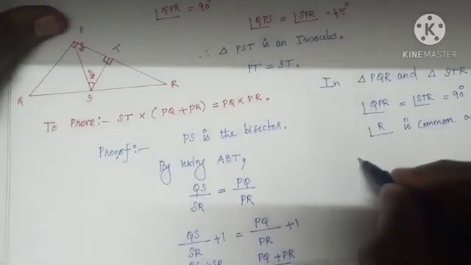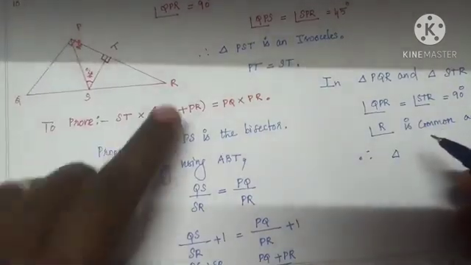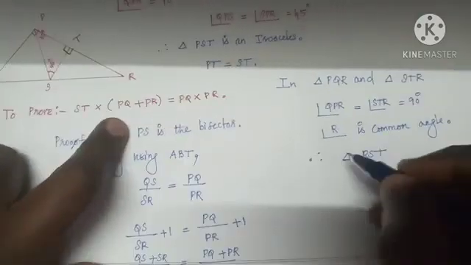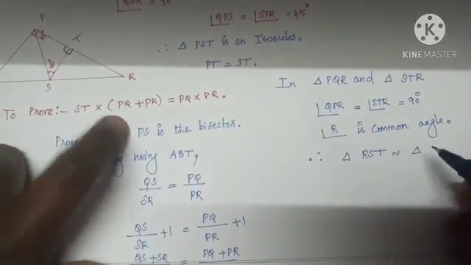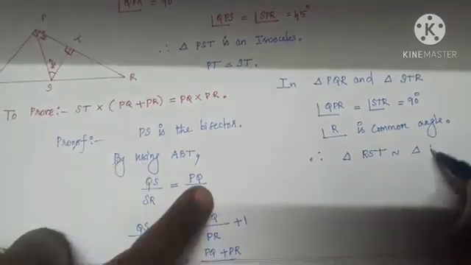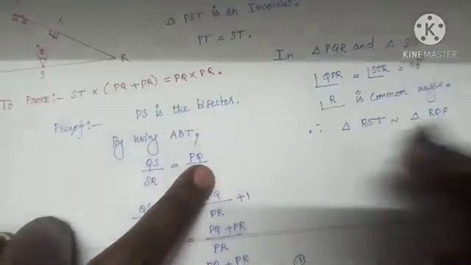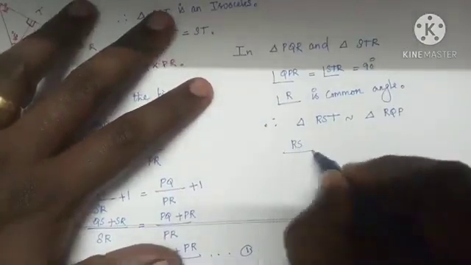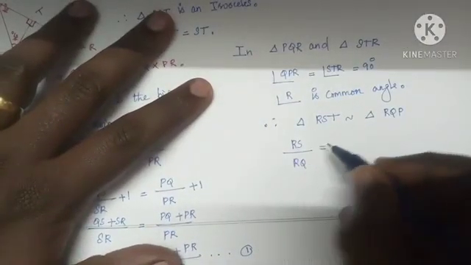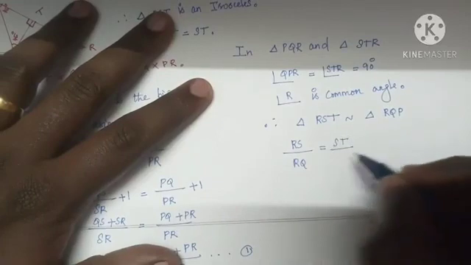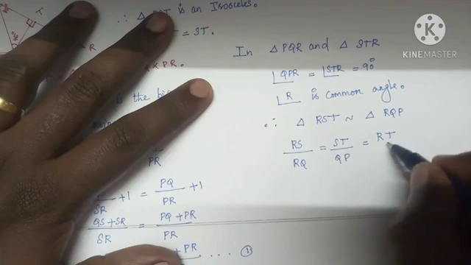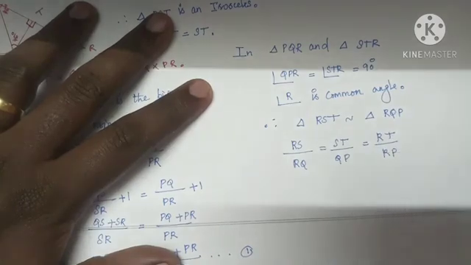Therefore triangle RST is similar to triangle RQP. These two triangles are similar, so their corresponding sides are proportional. So RS by RQ is equal to ST by QP is equal to RT by RP.